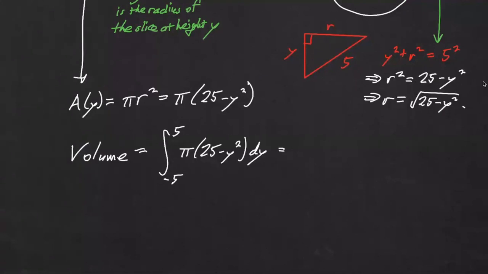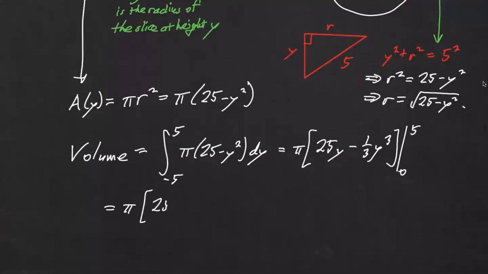So it's pi times, we do 25 becomes 25y, y squared becomes 1/3 y cubed. We evaluate from 0 to 5. We get pi times 25 times 5 minus 1/3 of 5 cubed, minus, when we plug in 0, everything becomes 0, right?